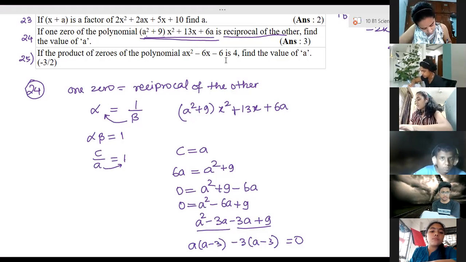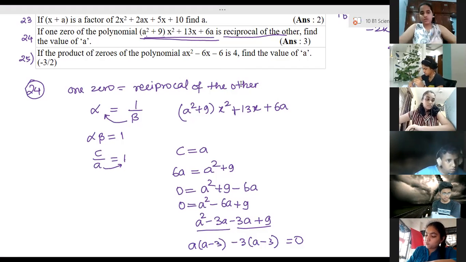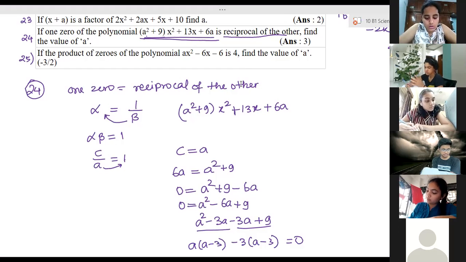C by A, minus 6 by A. Minus 6 by A is equal to 4. So A is equal to minus 6 by 4. Minus 3 by 2.